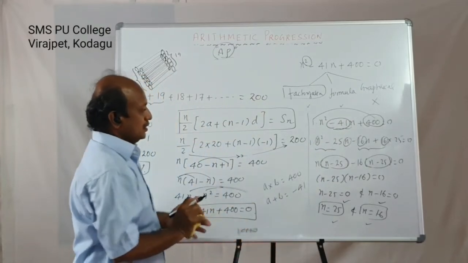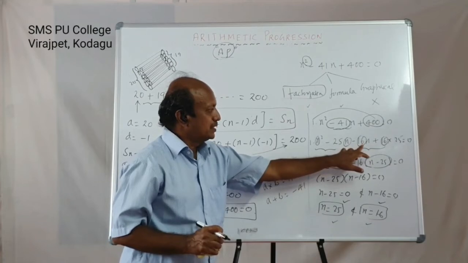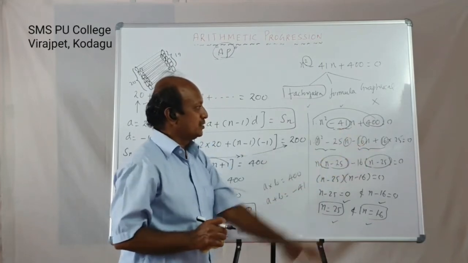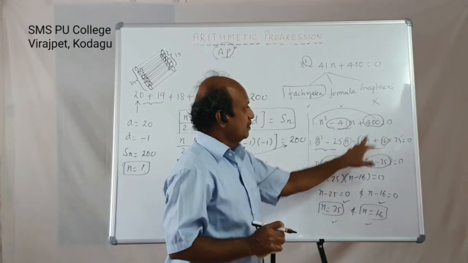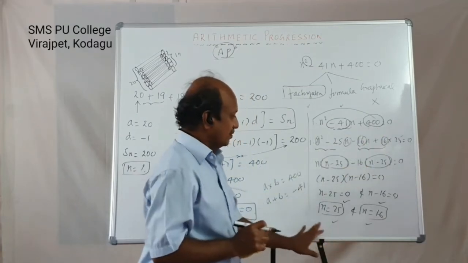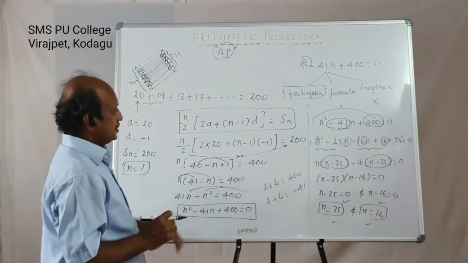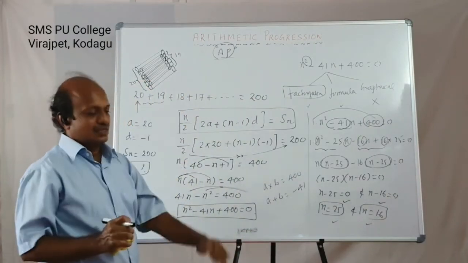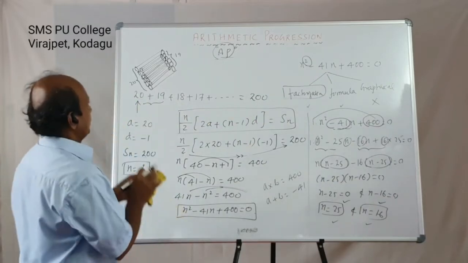The two numbers are minus 25 and minus 16. If you add them, we get minus 41. If you multiply them, minus 25 into minus 16 is 400. Therefore, the final answer is n is equal to 25 or n is equal to 16. Therefore, there are 25 levels, and the total will become 200.